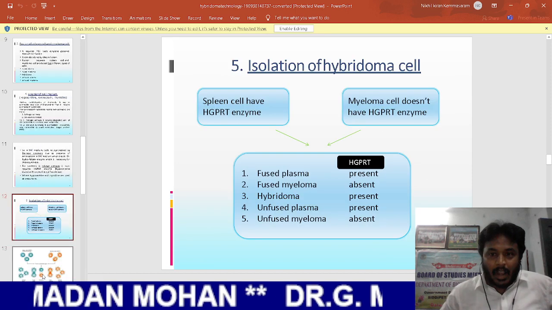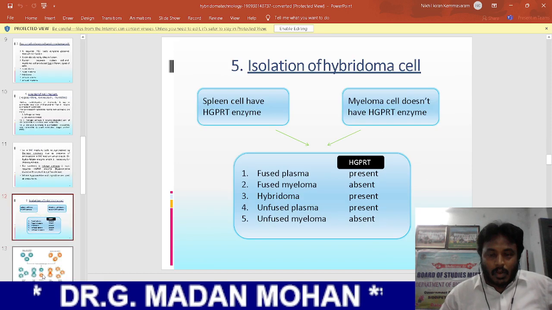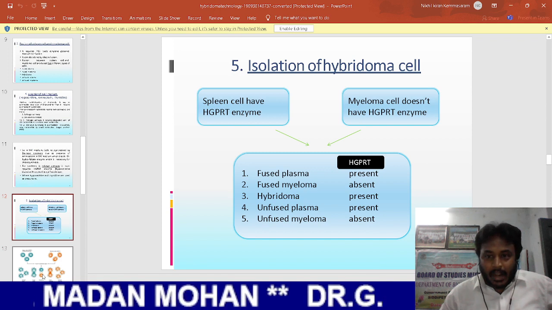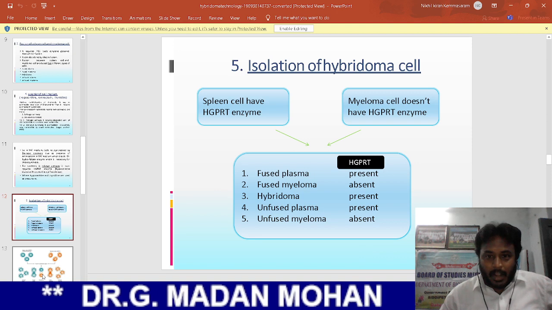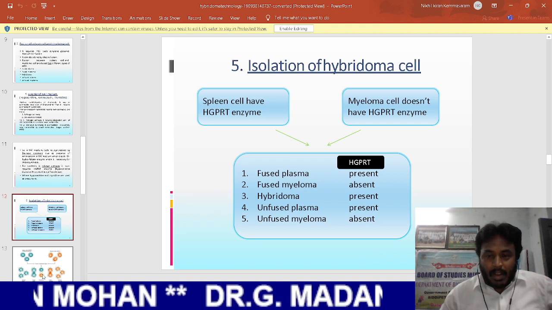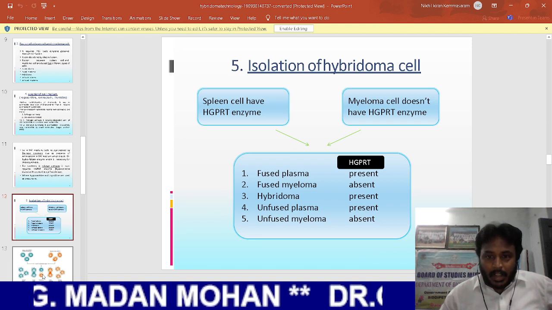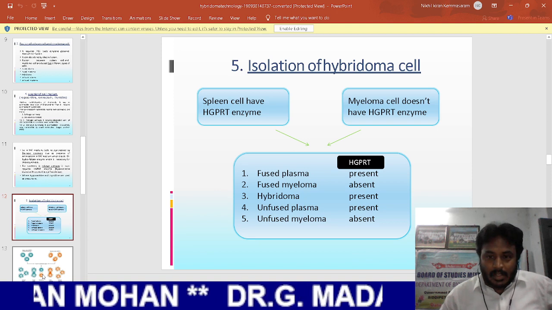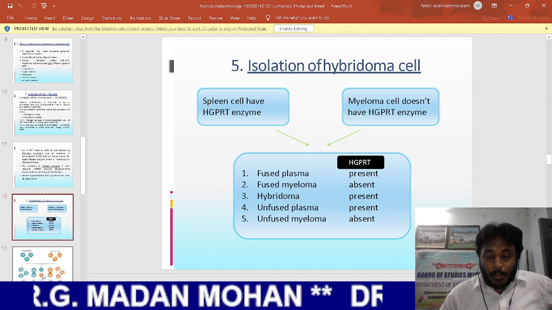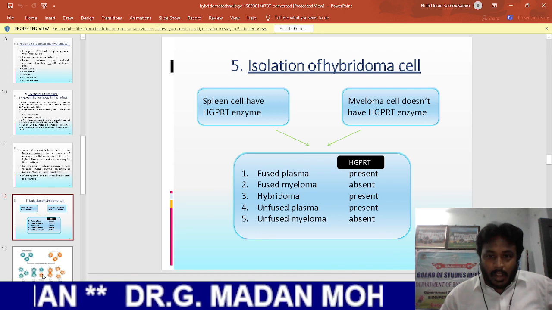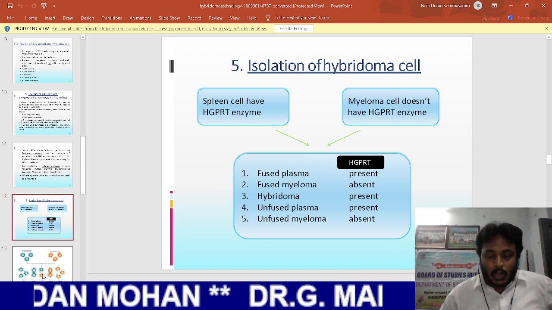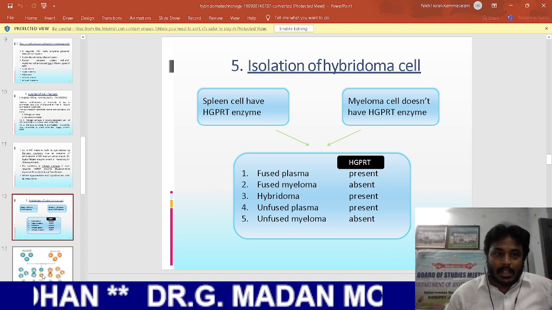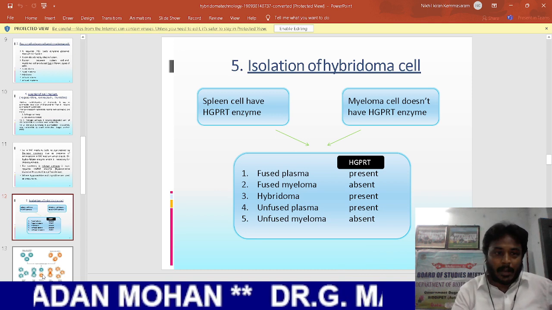Myeloma cells, as they do not have HGPRT, cannot grow on HAT medium, and B lymphocytes grow, but they grow slowly. Unfused B lymphocytes will grow slowly, and unfused myeloma cells cannot grow. So the cells which grow fast are hybridoma cells, and these cells are selected and subjected to screening.